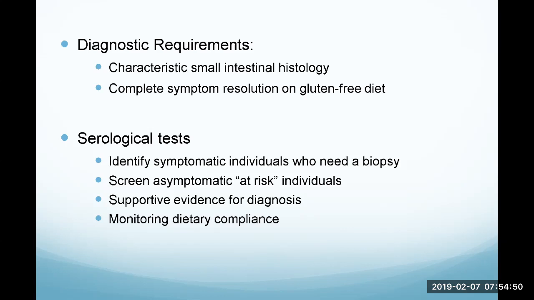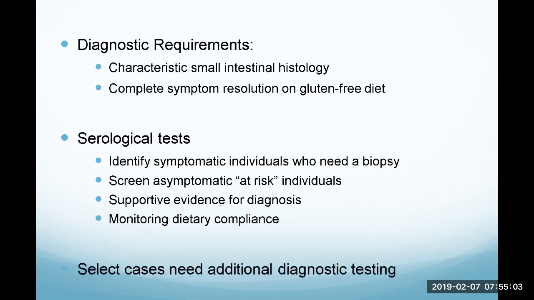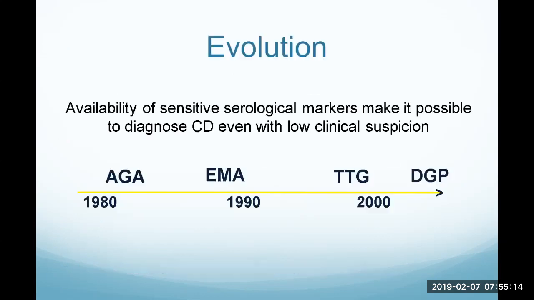So it's a combination of histology, serology, and symptomatology that we look into. And then, of course, there are select cases that need additional diagnostic testing, that despite everything being the other way, we still go ahead and need to score them.